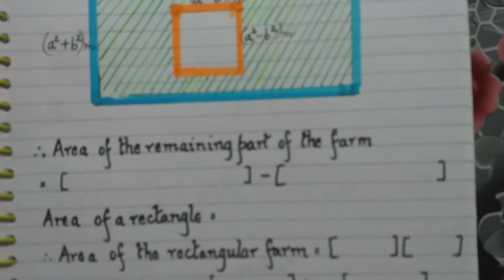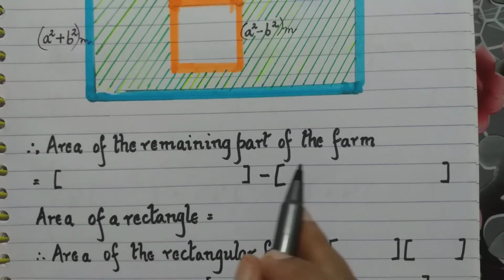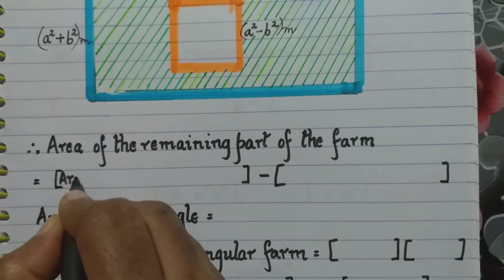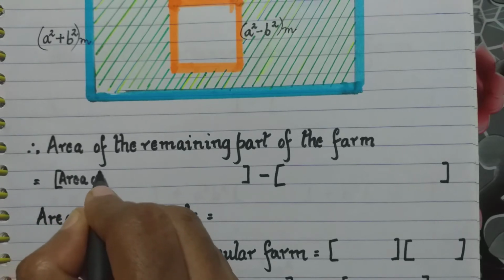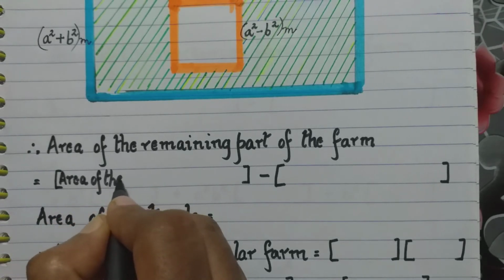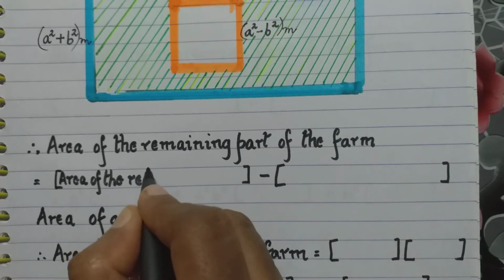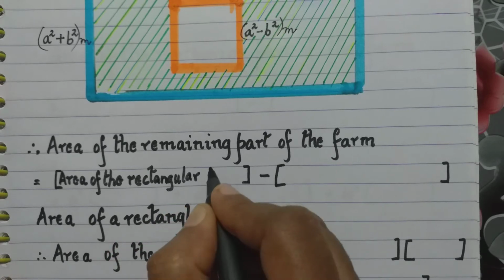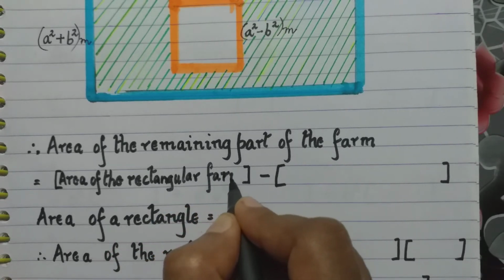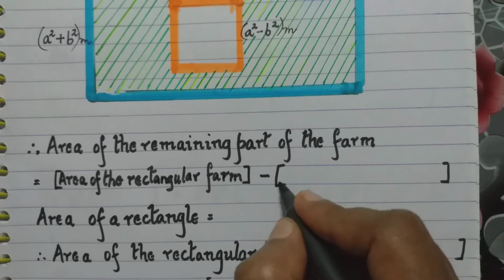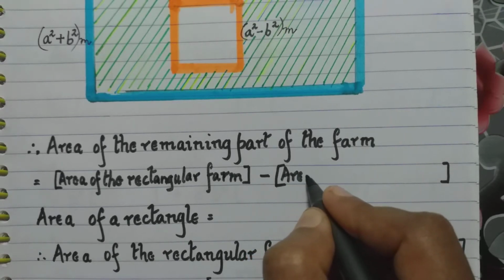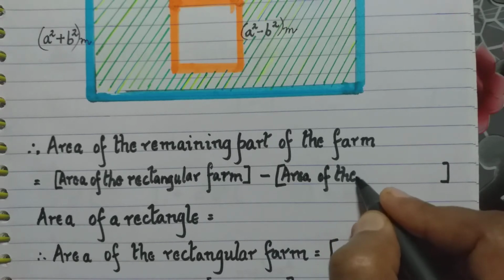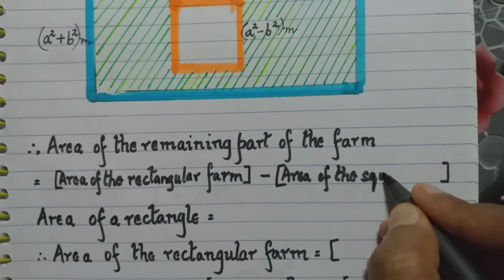So we'll write here area of the remaining part of the farm is equal to area of the rectangular farm minus area of the square shaped plot.